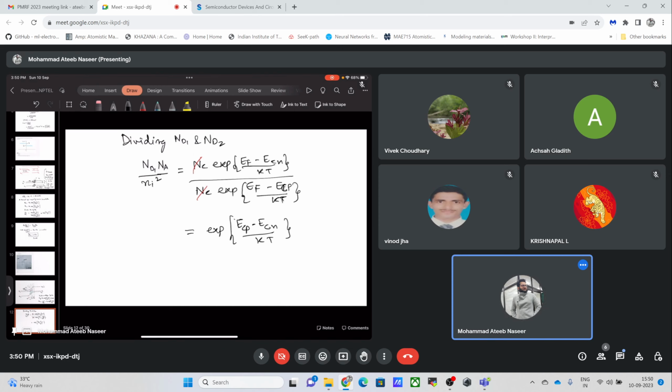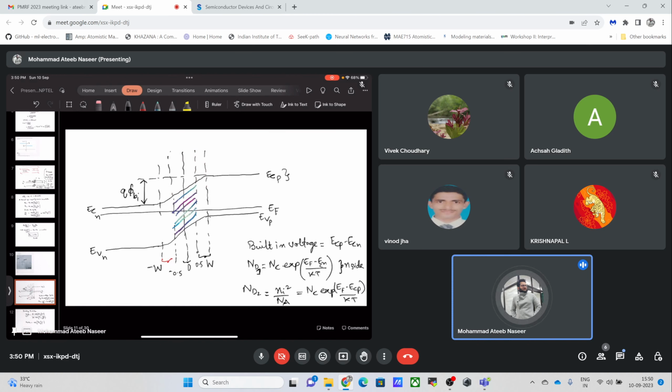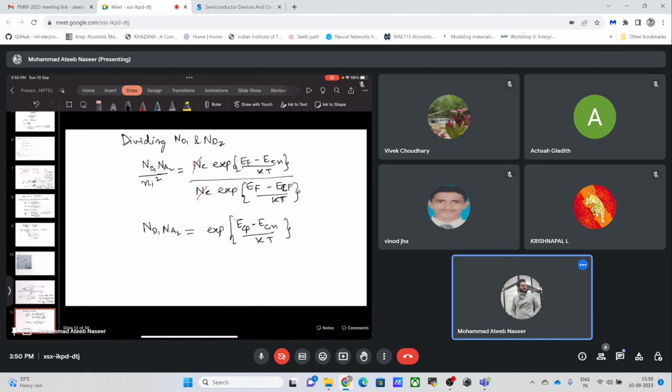Now if we take ln on both sides, this is ND1 into Na2 by Ni square. If I take ln on both sides, it would simply be KT times ln of ND1 Na2 by Ni square is equal to ECP minus ECN.